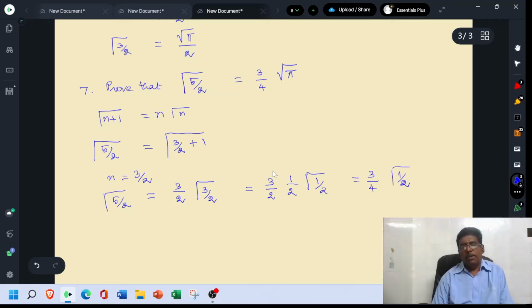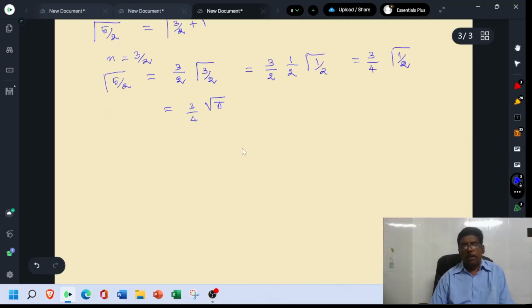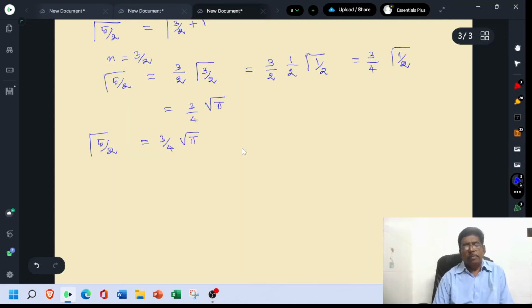But gamma of 1 by 2 is root pi. Therefore, this is 3 by 4 root pi. Now we have proved that gamma of 5 by 2 is equal to 3 by 4 root pi.